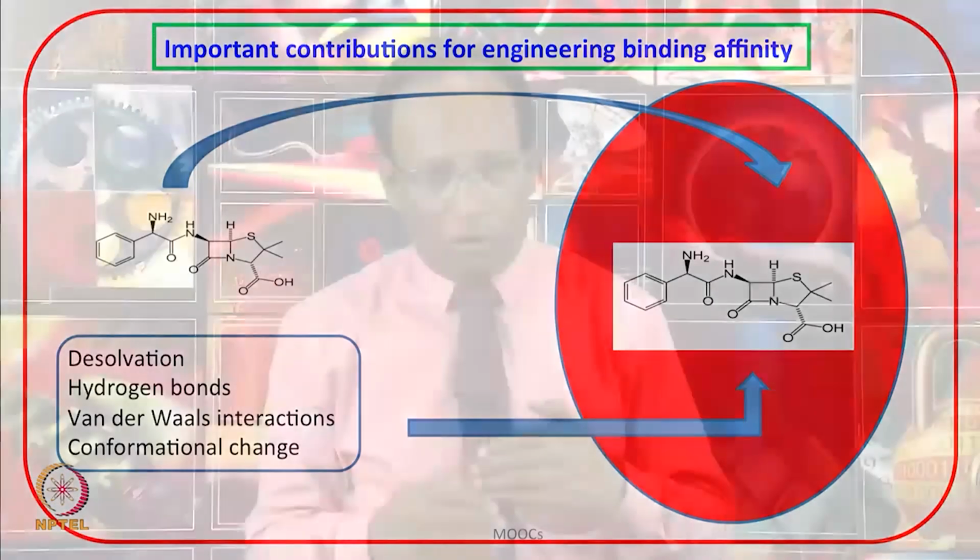So, therefore, when we engineer binding affinity in a drug molecule or we synthesize a new molecule with a good binding affinity, we need to take care of several things. One is the desolvation: how much energy it will cost to desolvate, how much energy it will give back when it forms hydrogen bonds, van der Waals interactions.